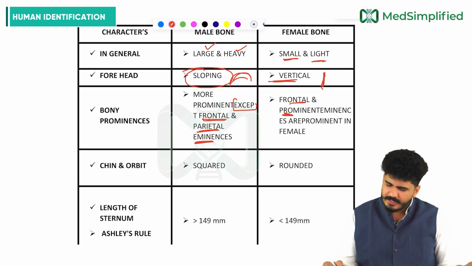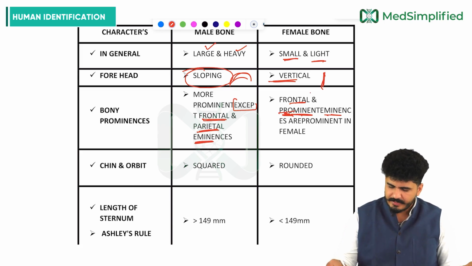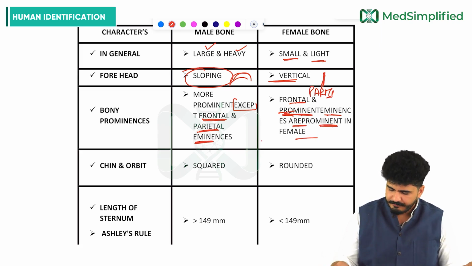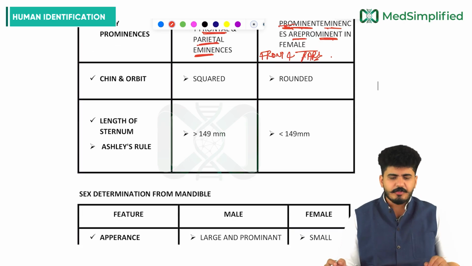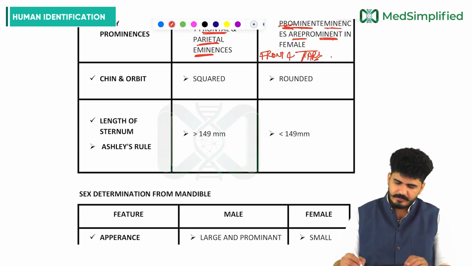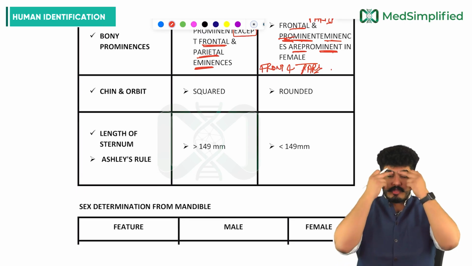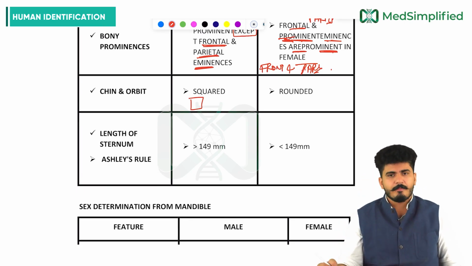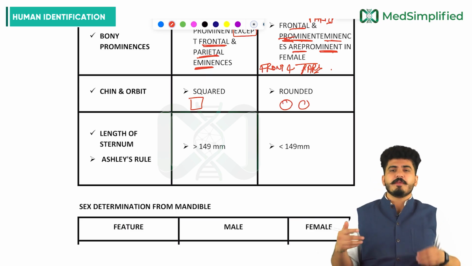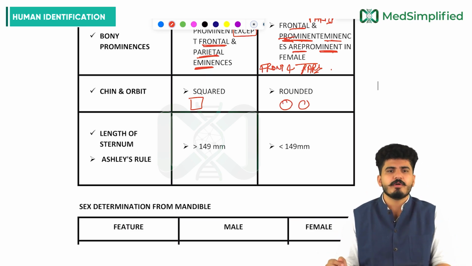In the female, the frontal and parietal eminences are prominent. If we talk about the chin and the orbit, in the male it is squared, but in the female it is round. Female cheeks are round, my dear friends.